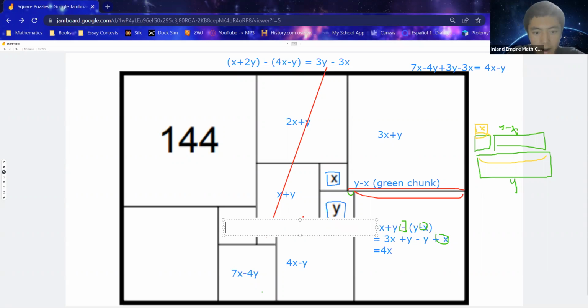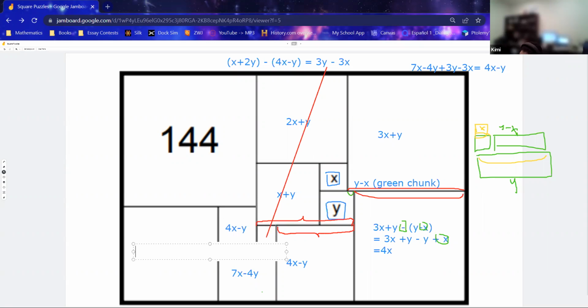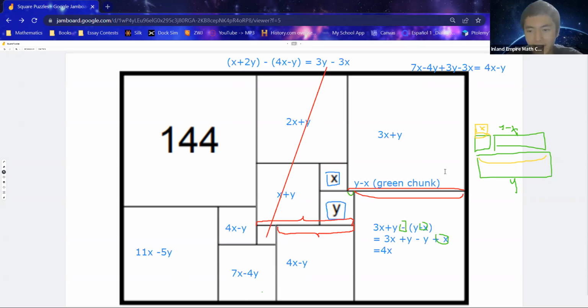Yes. All right. So it's 4x minus y. Come on, one more square. What is the last one? 7x minus 4y plus 4y minus 7x minus y. Right. So it's going to be 11x and 5y. Okay. So we got all the side lengths.